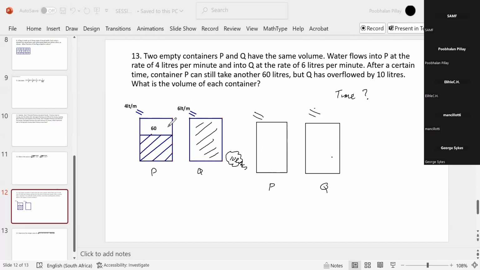So we don't know after how many minutes. How much more has it got? Well, you've got the 10 liters, which is on the floor, plus 60, will give you the extra. Because this thing fills up to the top, you get 60, plus another 10 liters. So the additional amount of water that flowed into this tank is 70 liters.